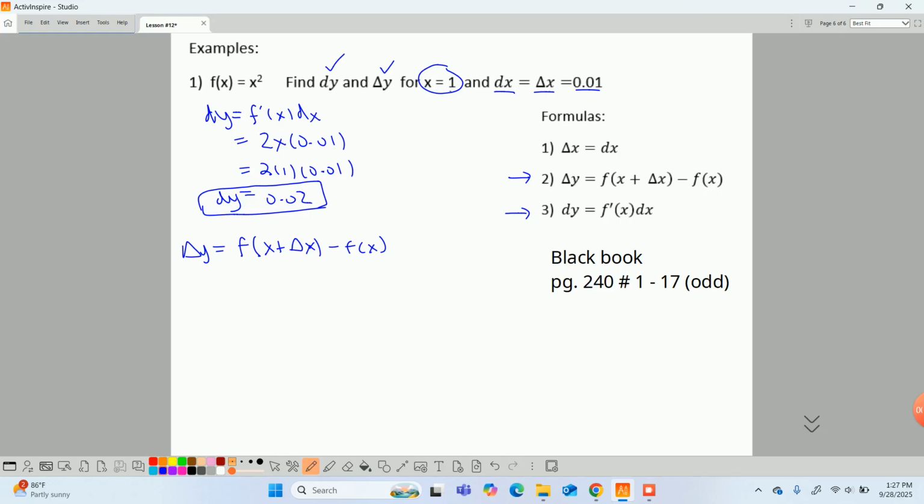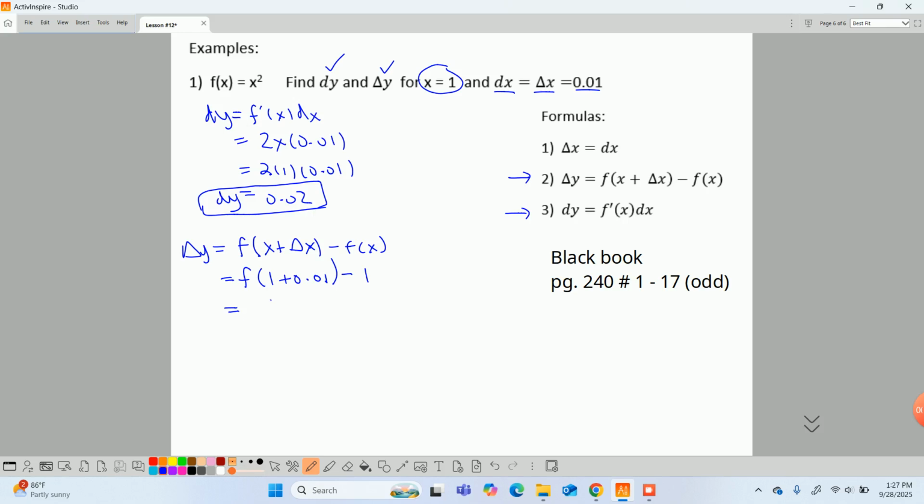I know that x is 1. I know delta x equals dx, and dx was 0.01. And f of x was given to us, that's x squared. So this gives me f of 1 plus 0.01, minus f of x, which is x squared. If I plug in 1, what's 1 squared? 1.